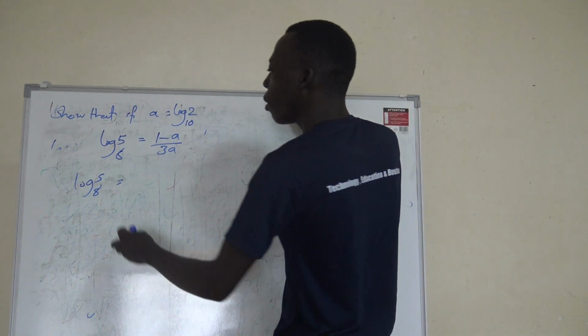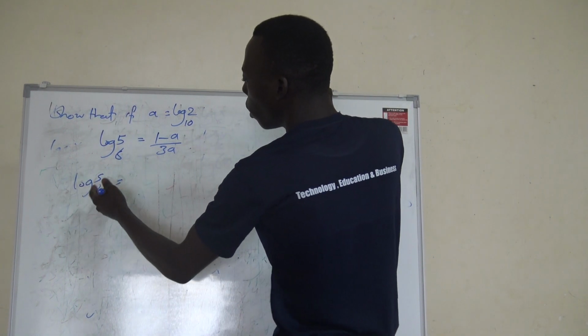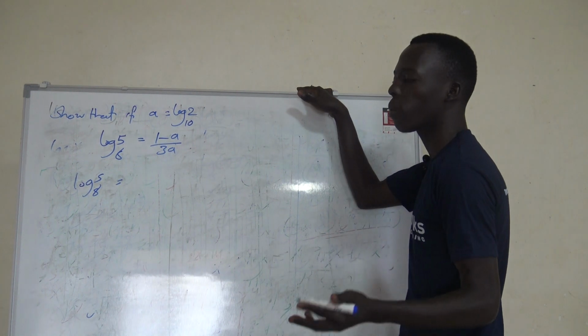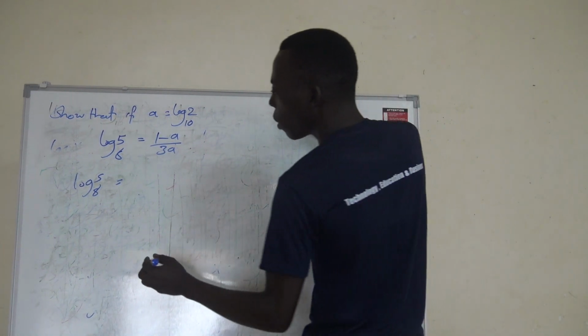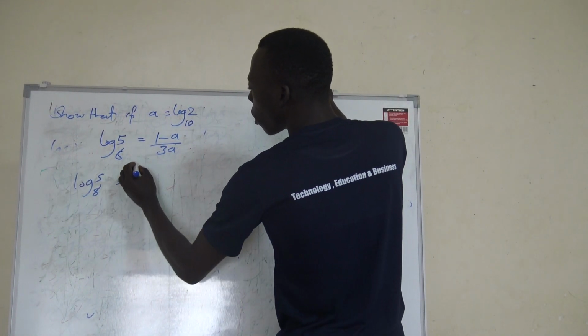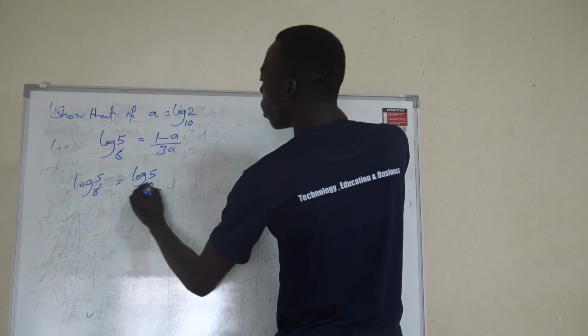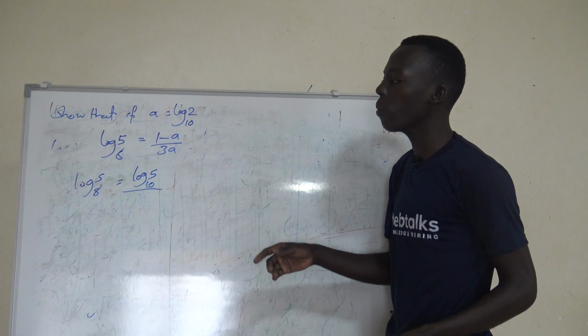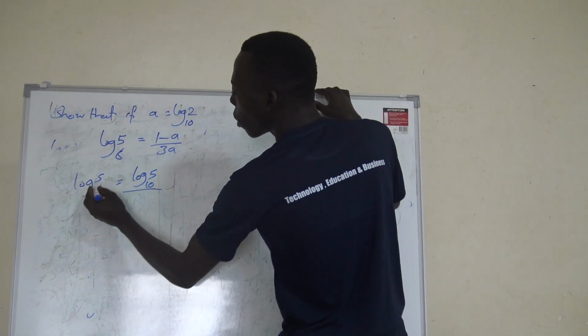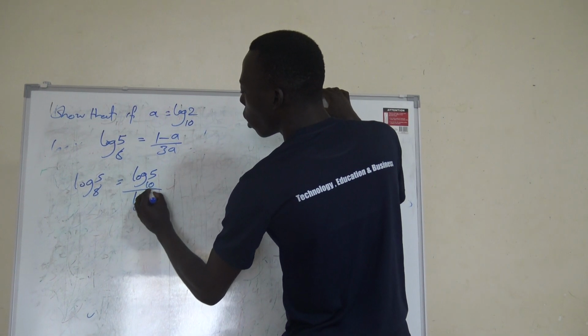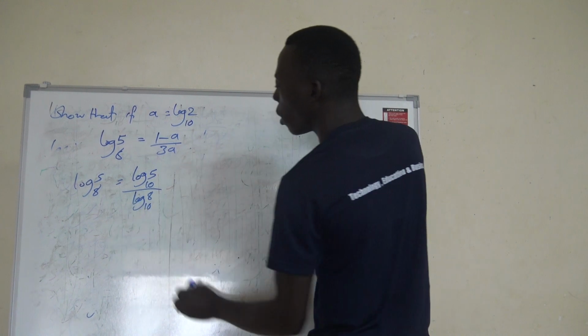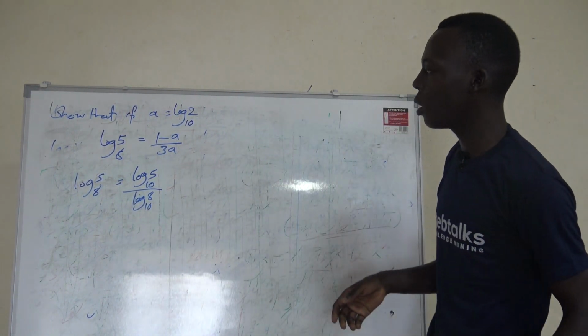When changing from one base to the other, we divide. So we first write log of 5 base 10, then divide by log of 8 base 10. So that's how we change it.